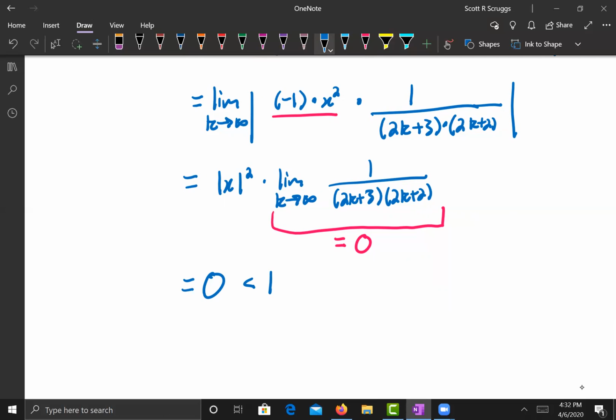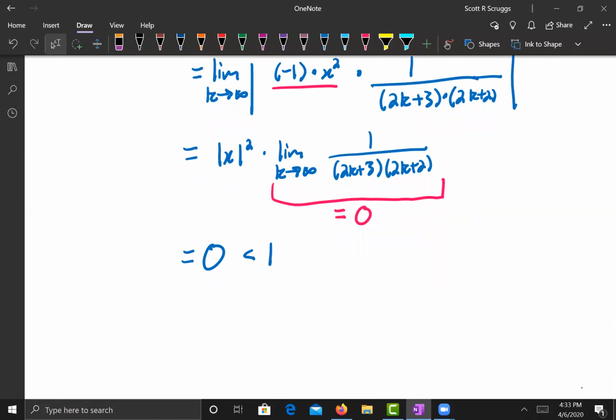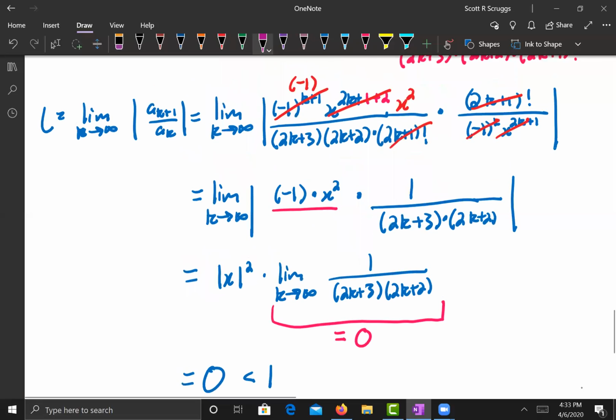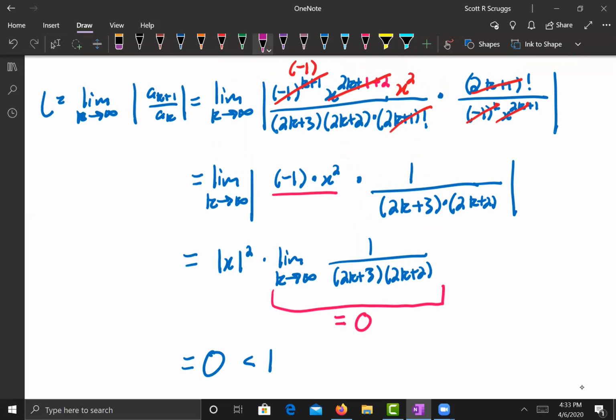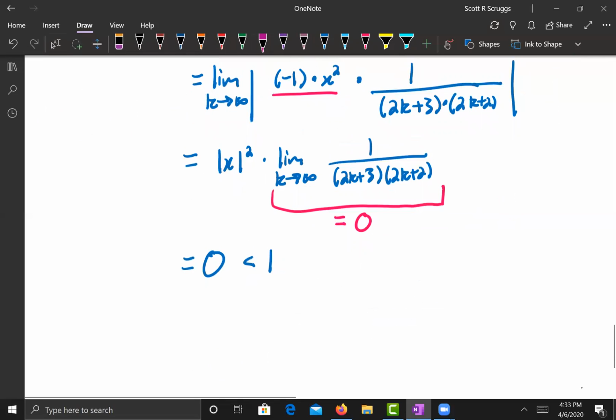And so with a power series for radius and interval of convergence, let's now dissect what that means, because I don't think with any of our practice problems that we've done something like this. So let's dissect that real quick. Here I concluded that my L for the ratio test will be equal to 0 no matter what value of x I plug in.